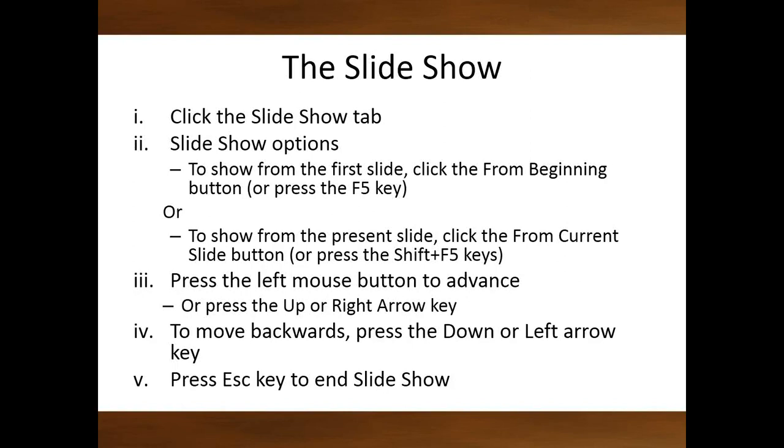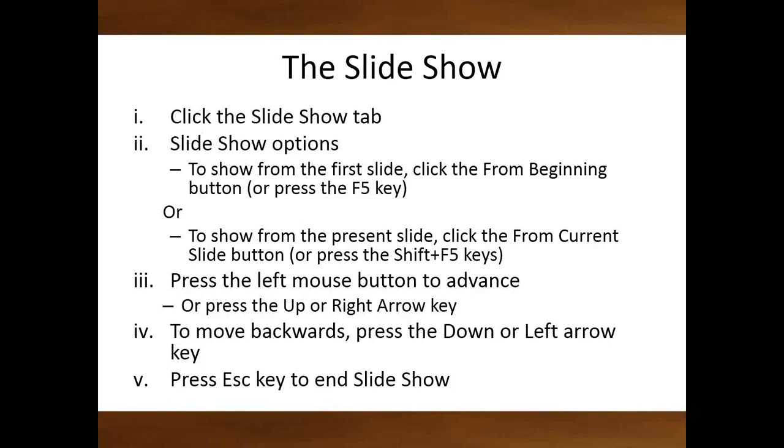To show from the present slide, that is, if you don't want it to start from the beginning, then click the From Current Slide button, or if you prefer to use keyboard shortcuts, press Shift and F5 keys.